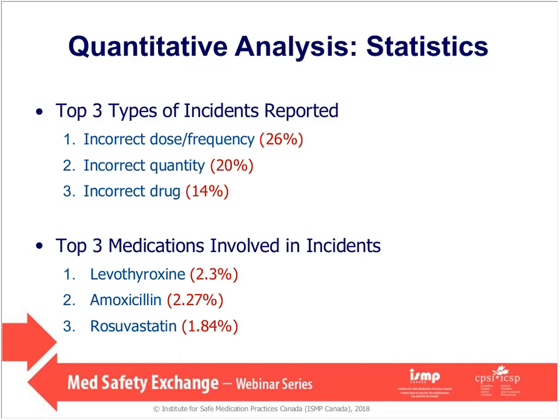When we look deeper into the data, we found that the top 3 medications associated with patient harm were methadone, risperidone, and warfarin, which makes sense due to the high-risk nature of these medications. So this was an example of the type of quantitative analysis we conduct for a continuous quality improvement program. I'll now turn it over to my colleague Lindsay, who will go over an example of a qualitative analysis.